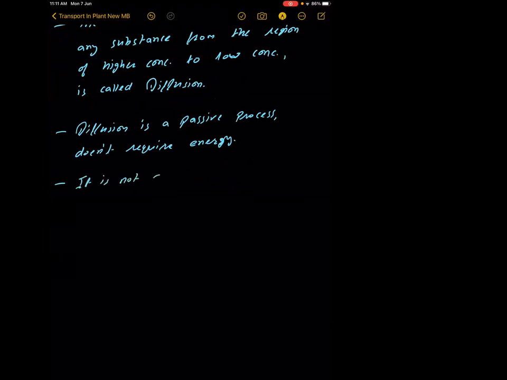It is not dependent on any living system, meaning a cell is not required here.